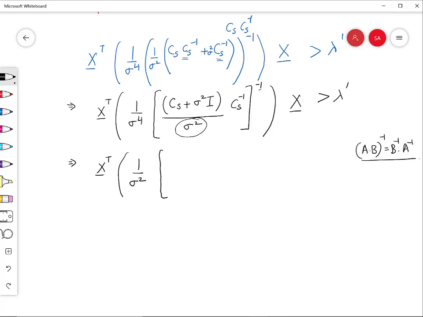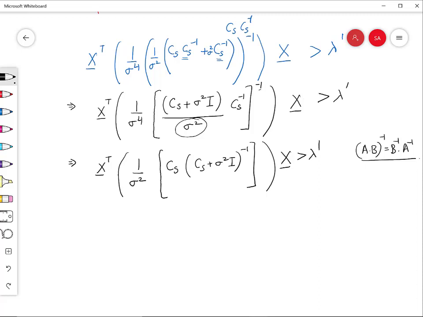Using the same strategy here, I am going to get C_s times C_s plus sigma square I inverse x is greater than lambda dash.